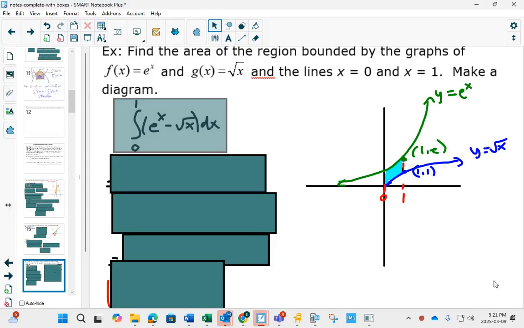So we set it up as an integral between 0 and 1. There's no intersection points because they told us between the lines 0 and 1. So we just have to do the green graph minus the area under the blue graph, and we'll get that nice shade of blue in between. Again, I'd probably change my square root of x to the half so I can really do easy.